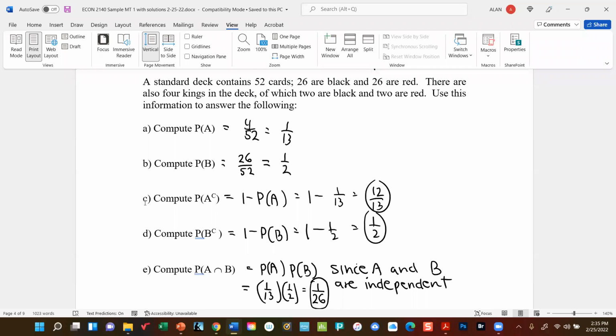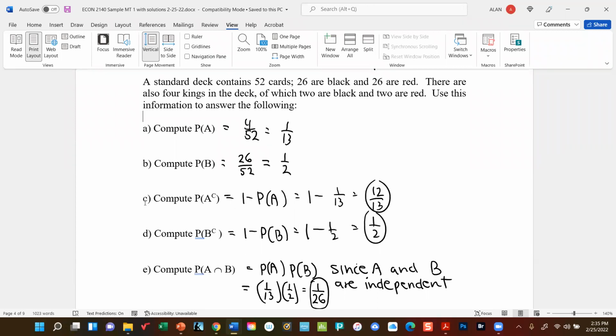All right, so then for B complement, we'll have 1 minus the probability of B, and that will in turn equal 1 minus a half, or just 1/2. Now, I could have written it as 1 minus 26/52, but it will end up being the same thing anyway. So let's write that as 1/2. And again, it's just because of the mere fact that half the cards are black and half are red.